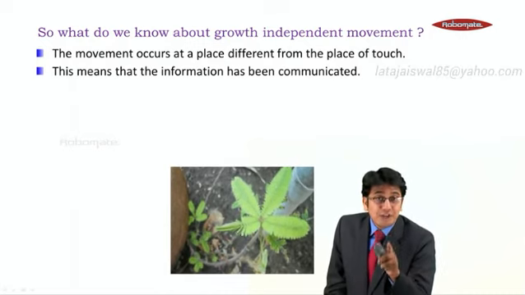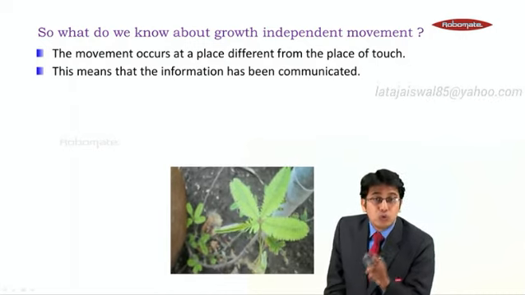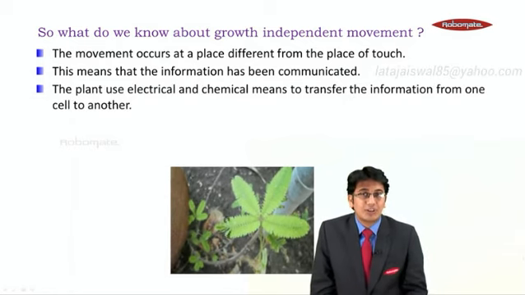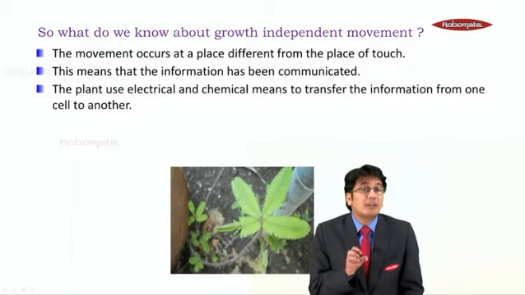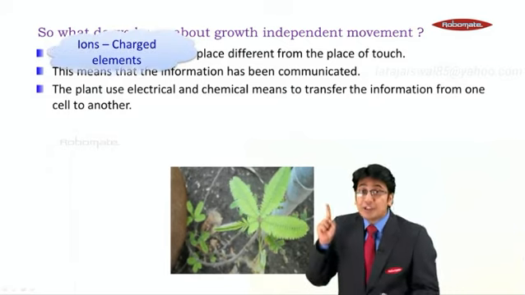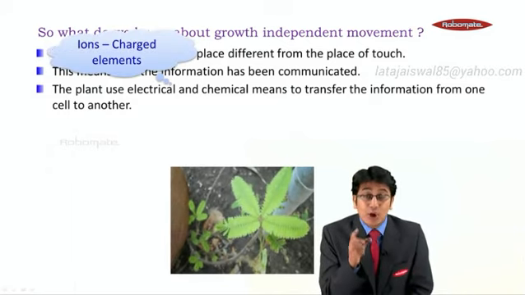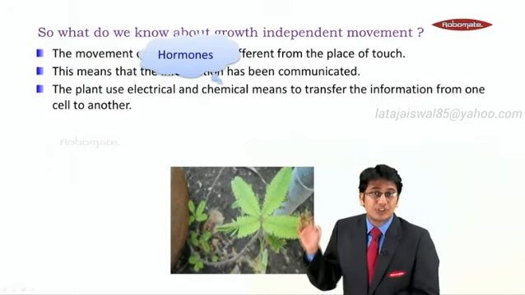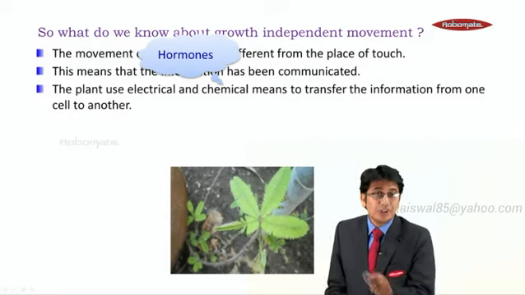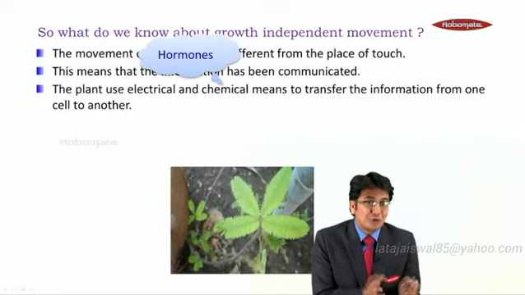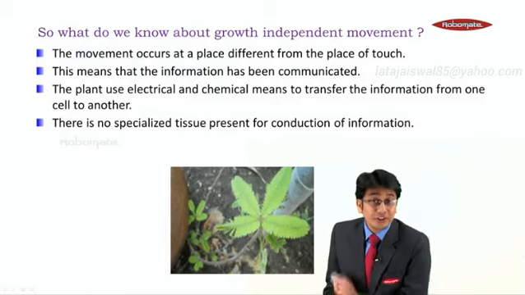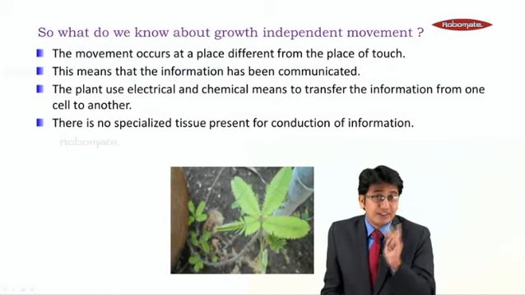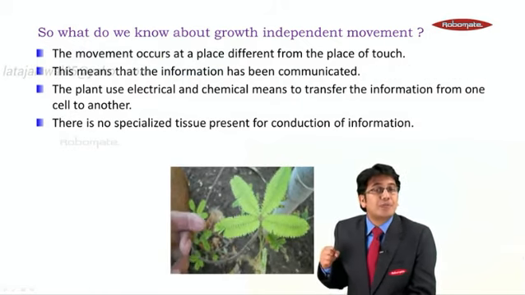Now you know the information has been communicated through hormones. The plant is using electrical signals, which means the potassium ions, and chemicals, which means the hormones, to transfer the information from one cell to another. There is no specialized tissue present for the conduction of information.